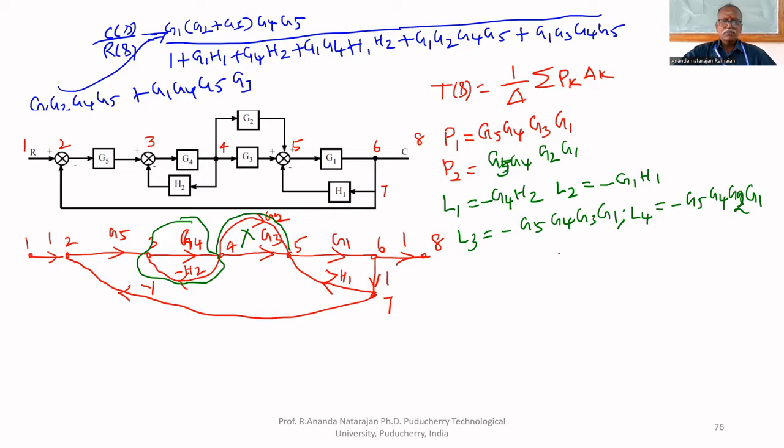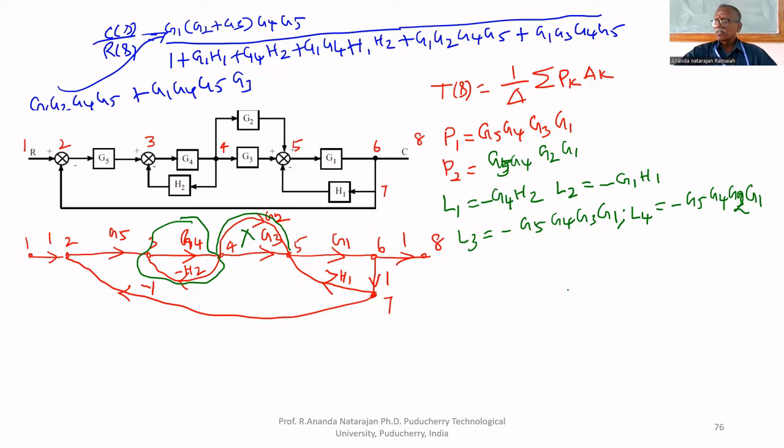Any other individual loops? No other individual loops. Between 4 and 5 is not a loop because the direction is not in favor of travel.